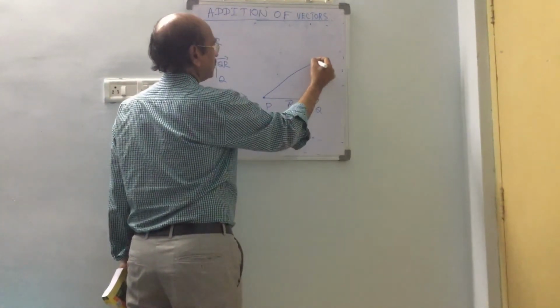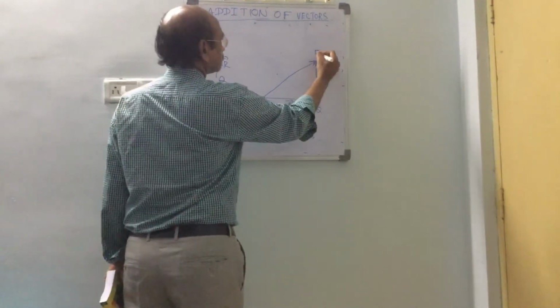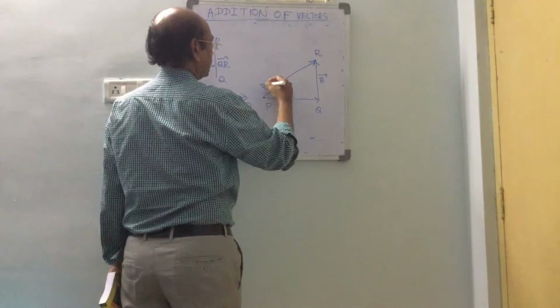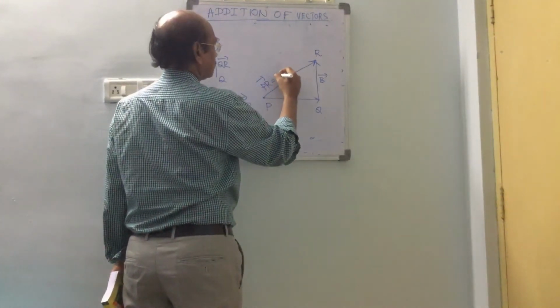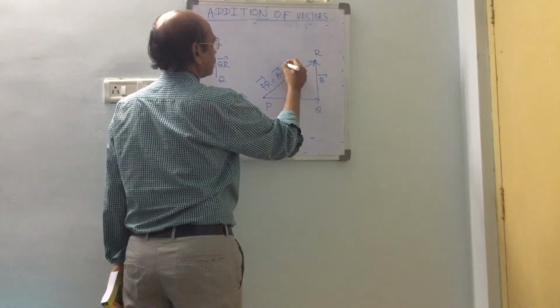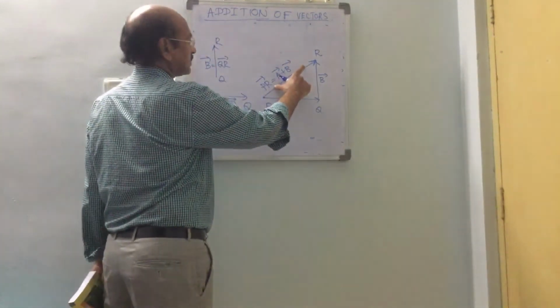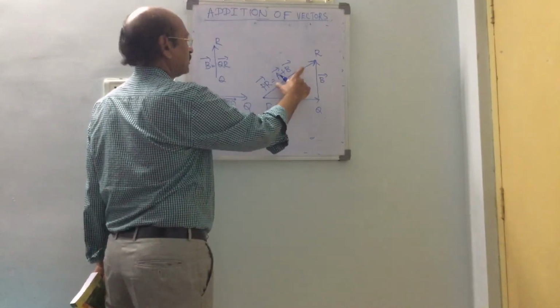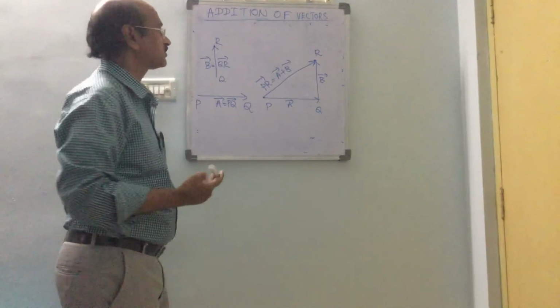Then we obtain the resultant. So the resultant PR bar is equal to A bar plus B bar. Or if we name the resultant C bar or R bar, then C bar is equal to A bar plus B bar.